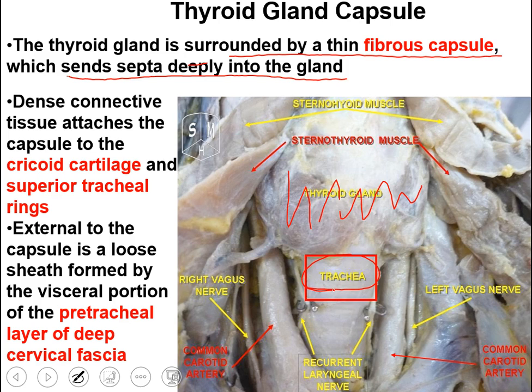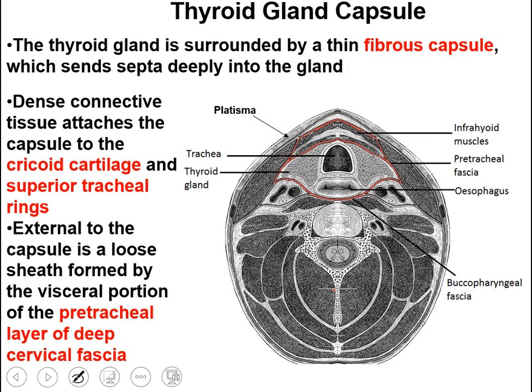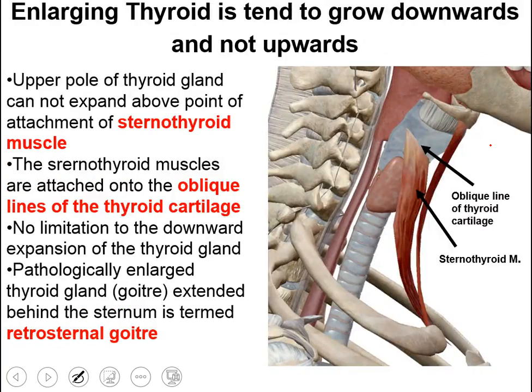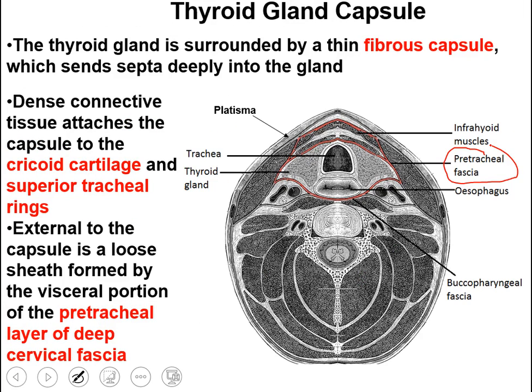This next slide shows you that external to this capsule there is a loose sheath formed by the visceral portion of pretracheal layer of deep cervical fascia, which is also called the pretracheal fascia. Let's review this transverse section of the neck.